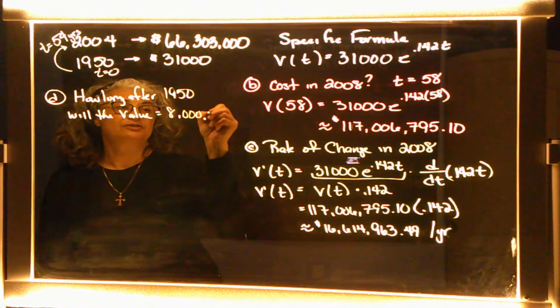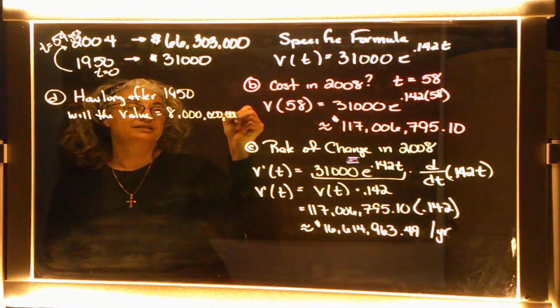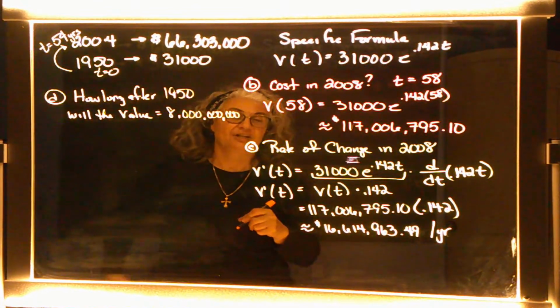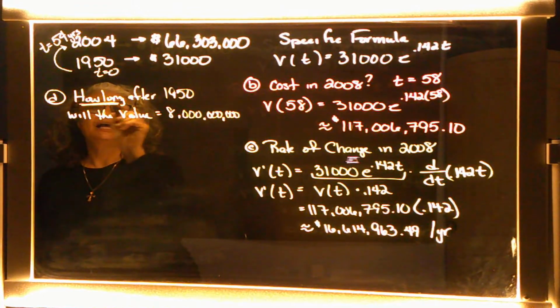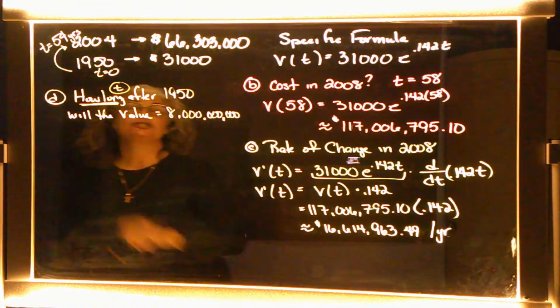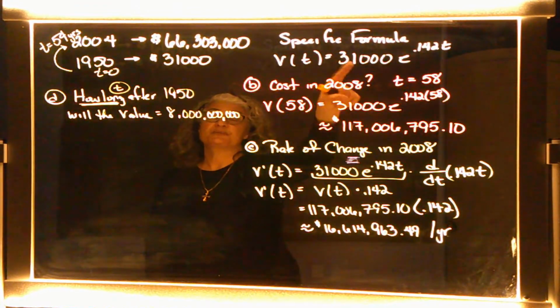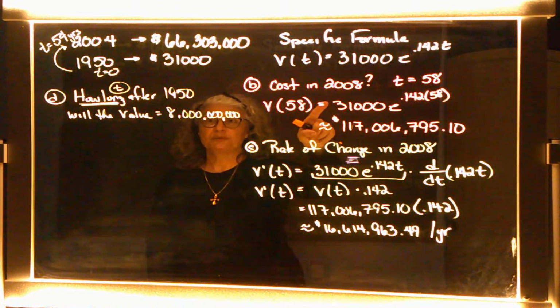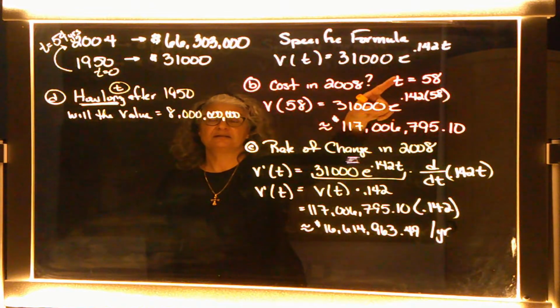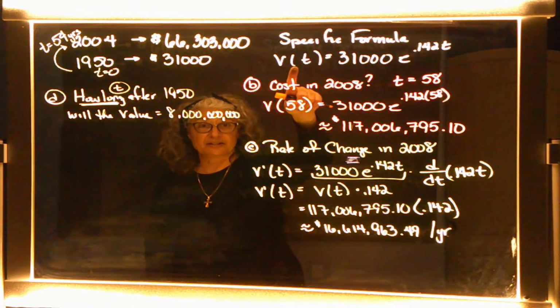And $8 billion, if you're like, how do you write? That's got those 9 zeros after it. All right, so they want to know how long. So if they say how long, that means you're searching for t, aren't you? Remember, here's our specific formula. So in our specific formula, I'm searching for t, which means I better know the ending balance, right?